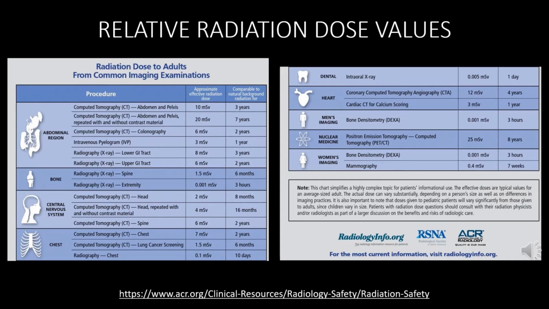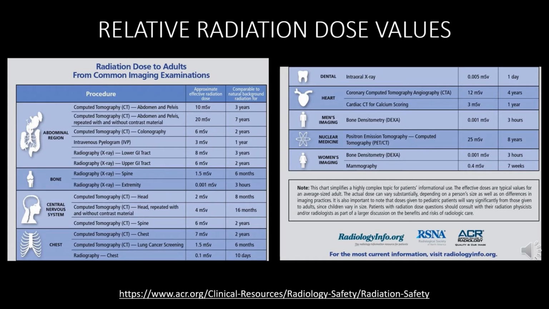And if you look further down, in the thorax or chest, a CT chest is equivalent to about 7 millisievert, equivalent to 2 years of background radiation, while a chest X-ray is approximately 0.1 millisievert, equivalent to 10 days of background radiation.